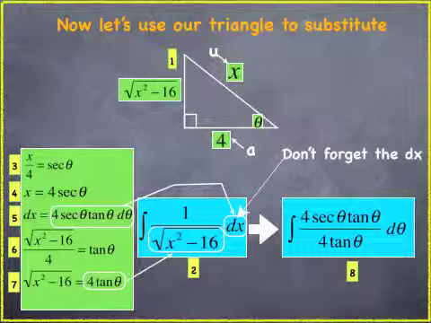Another thing that we have to replace in our original integral is noted in item 2. If you look at item 2 in the center of the screen, we have the original integral. We know what we're going to replace dx with, but what are we going to replace that radical in the denominator with? Well, we go back to our triangle. You have the radical as the opposite side, and we also have a constant on the adjacent side to theta.